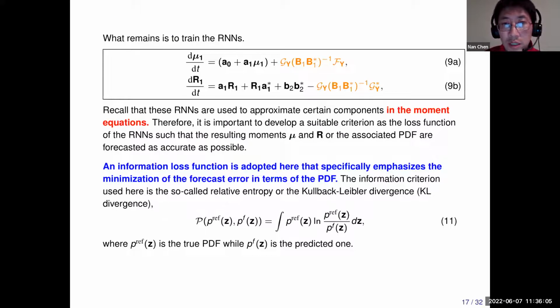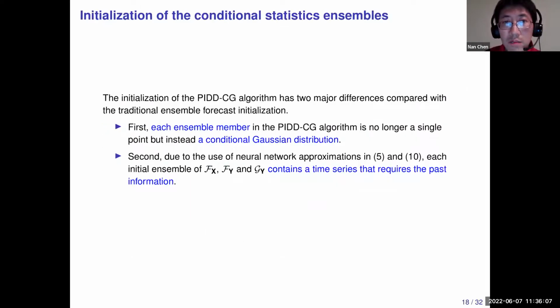At this point, we discussed some details of this algorithm, but there's still one very important thing we haven't discussed yet, which is the initialization of the conditional statistics ensembles. The initialization of this algorithm actually has two major differences compared with the traditional ensemble forecast using Monte Carlo.